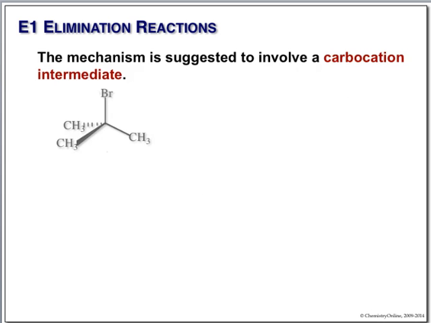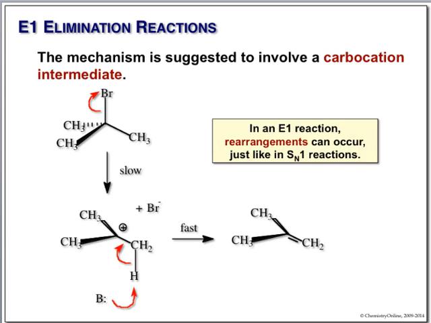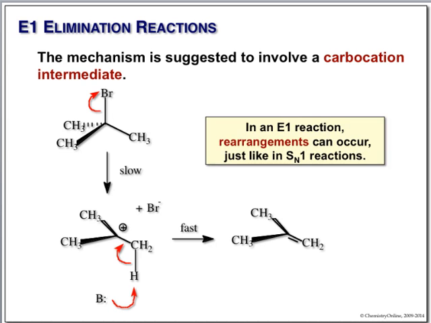Now we know all this already from SN1. What's going to happen? We're going to start off with our alkyl halide. Step 1, in our slow step, we're going to form a carbocation. Step 2, once we make the carbocation, instead of the nucleophile attacking, we're going to simply yank off a hydrogen to make the alkene. Just like you learned for SN1, anytime there's a carbocation, you can rearrange.